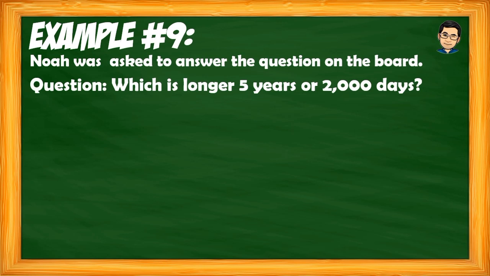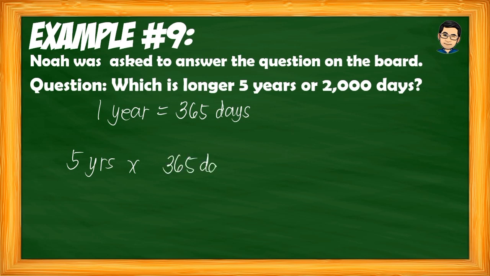So, pero ako, ipapakita ko sa inyo yung i-convert natin yung years into days. Mas madali kasi yon. So, yung conversion factor natin, in 1 year, meron po tayong 365 days. So, sulat lang natin, 5 years times 365 days all over 1 year. Then, we will cancel out years. I-multiply natin yung mga natira.